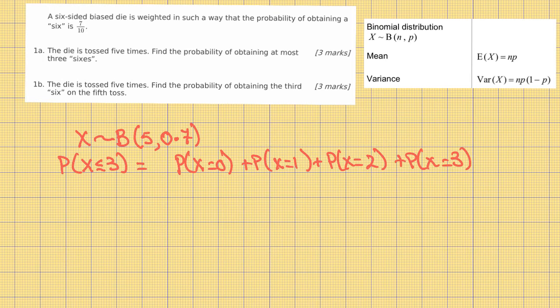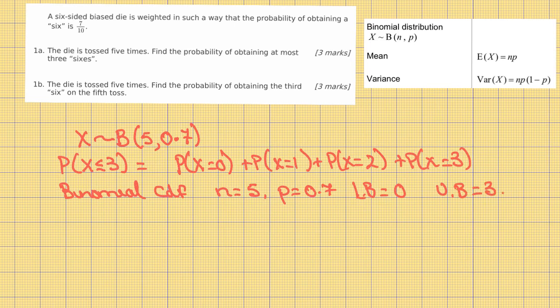This will be done on a GDC where, because it is between two values, binomial CDF with n equals 5, p equals 0.7, lower bound is equal to 0 and upper bound is equal to 3.